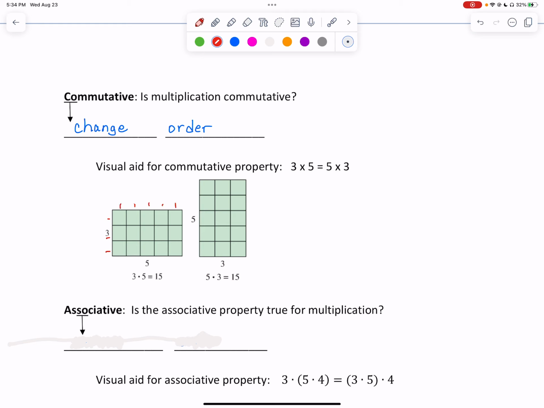Or 5 times 3, I've got 5 rows with 3 in each. And notice that all I did was take this guy and turn it and just flip it up on its side. So I've got the same number of blocks. So 3 times 5 is equal to 5 times 3.